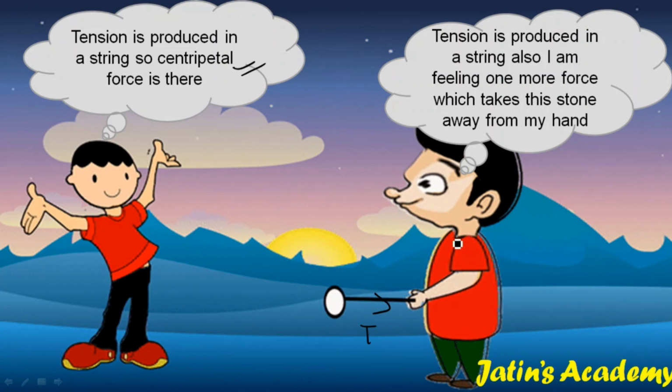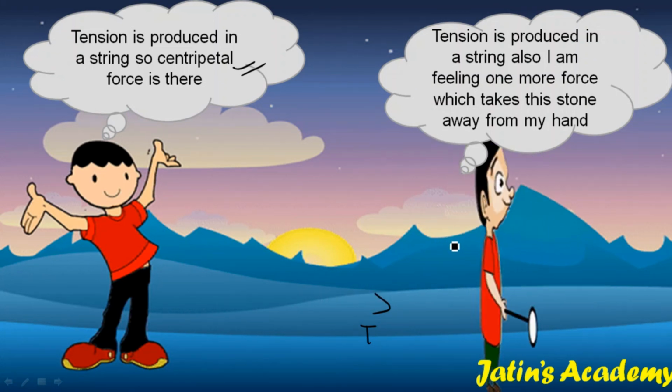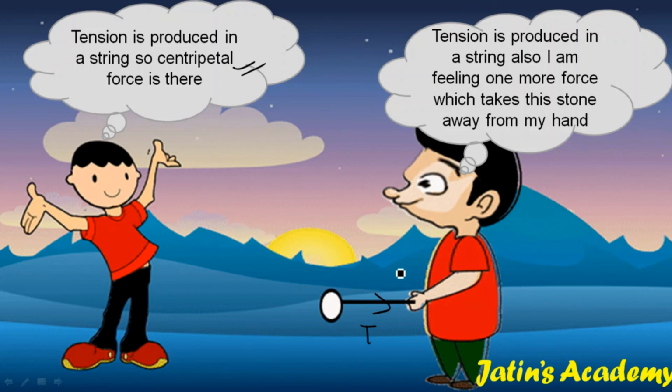Now carefully see, he is saying that one more force is acting on his hand which keeps this stone away from him. That is called centrifugal force. This centrifugal force is observed only by the person who is rotating with the body. So here are two examples related to centripetal and centrifugal force.